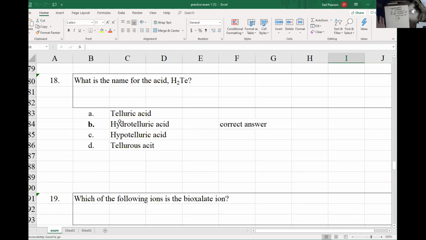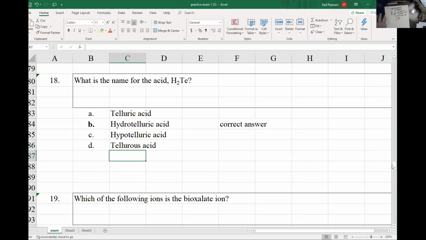If it's HCN, it would be hydrocyanic acid, and that's the correct name. All those other names are possible for other compounds, except ACIT. That's just a misspelling, and D, it was supposed to be ACID. Okay, I'll correct that right now. It might be correct already on D2L. I don't remember which form is there.